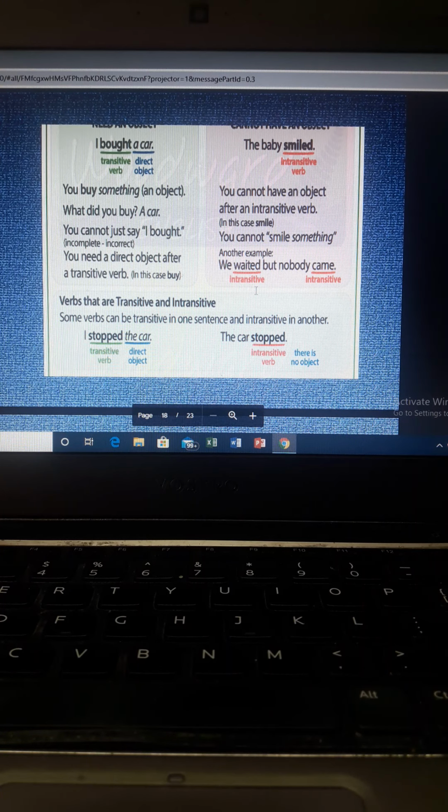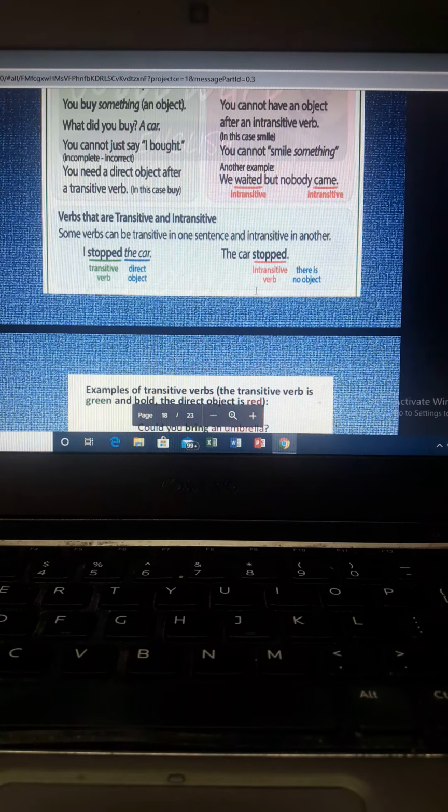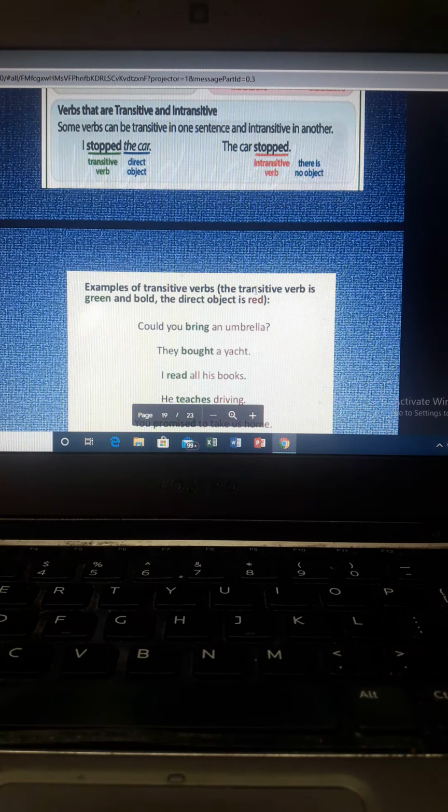Stopped over here is an intransitive verb because there is nothing after the word stopped. There is no object after it. So in one sentence it is used as transitive, in the other sentence it is used as intransitive.